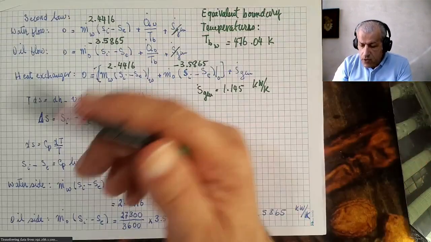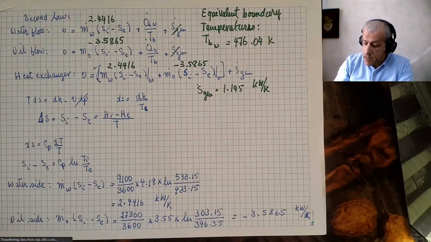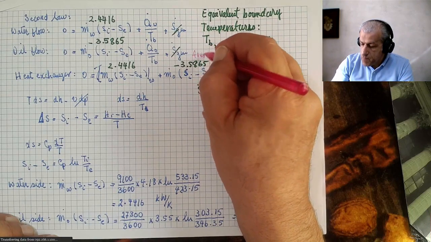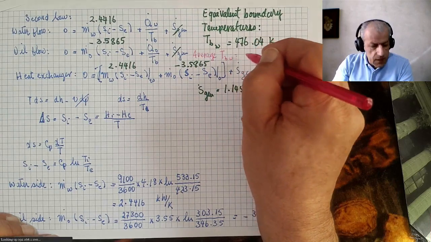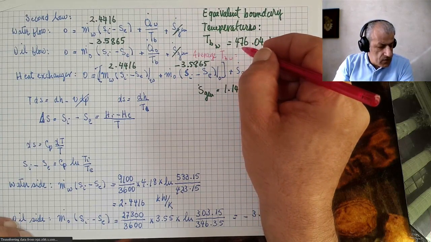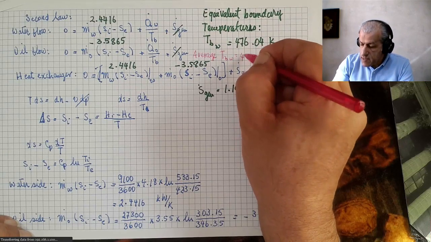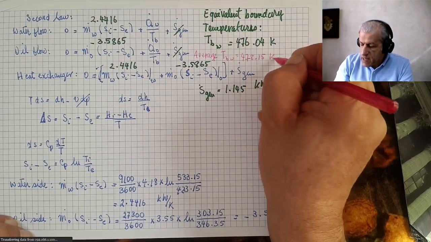If I calculate the average temperature, TB average for water would be just add the two values, 260 degrees and 150 degrees, divided by 2, and that would be 205 degrees C, or 478.15 kelvins.